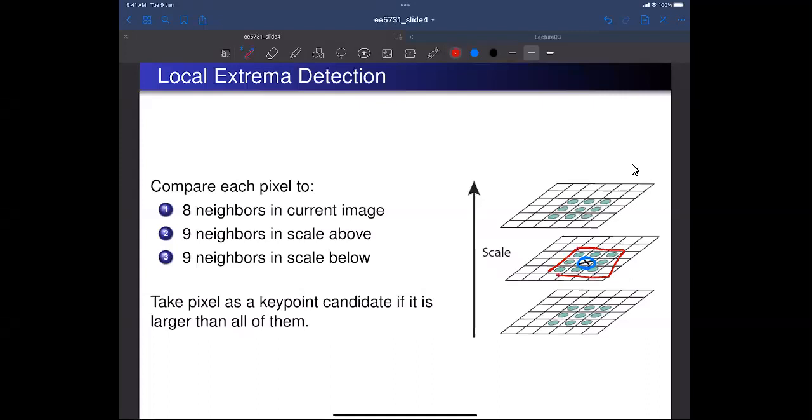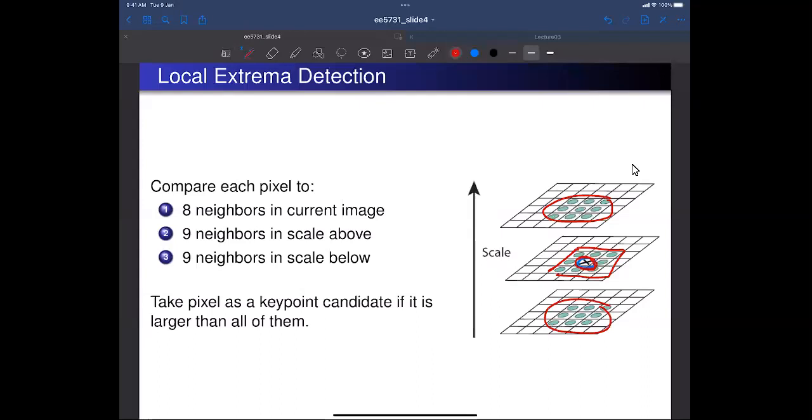That's the first step. In the second step, you compare that point, which is already an extremum in its own image, with the upper image. 9 pixels now. If it is still an extremum, the highest or the lowest, you keep it. You do the same for the image below. If it is still an extremum, then that is an extremum.